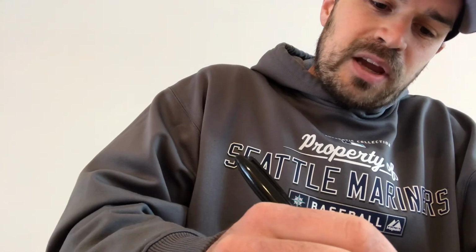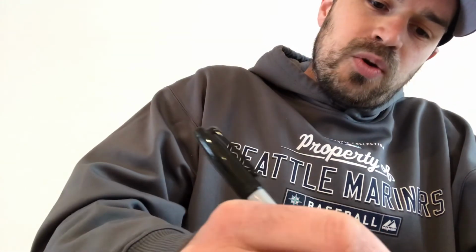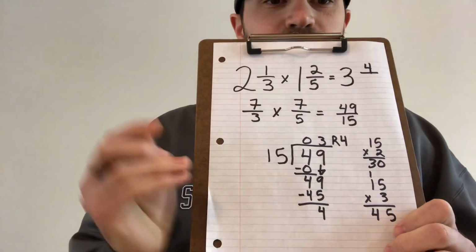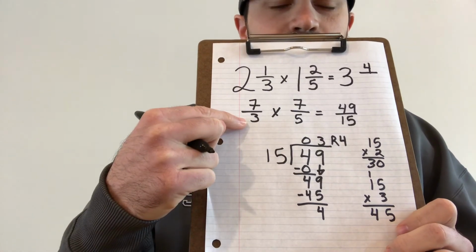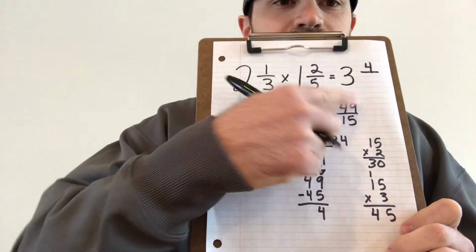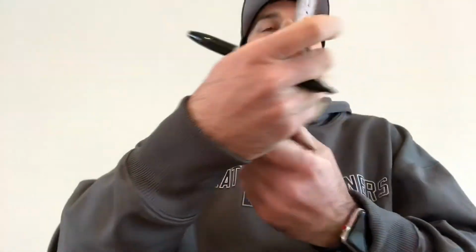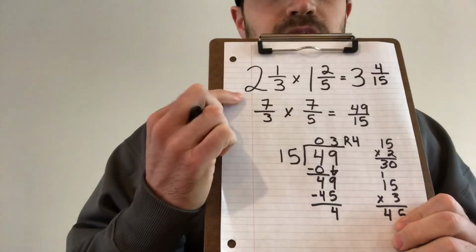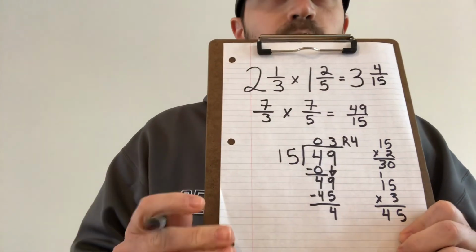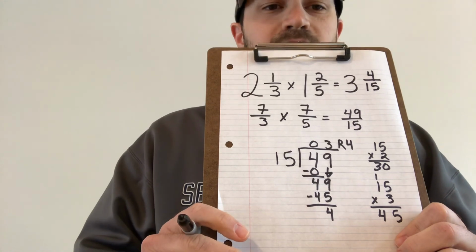So our final answer should have a whole number of 3, a new numerator of 4. And remember, as we did on the last problem, guys, we have a new denominator now. It's our divisor, and it's what we came up with after we multiplied across. In this case, it is 15. So our answer now to the multiplication problem of 2 1/3 times 1 2/5 is 3 4/15.